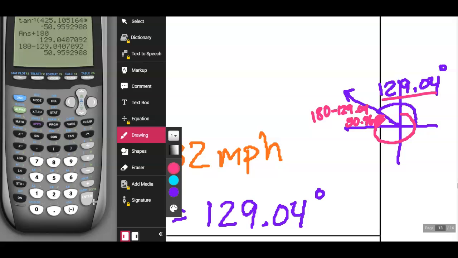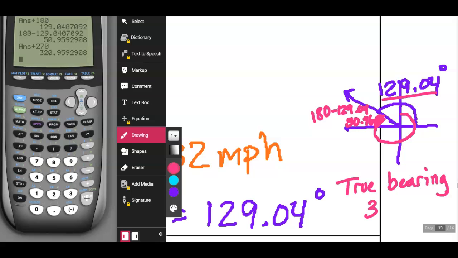And then what do I add that number to get my full bearing? 270, good, because it has 3 more quadrants. So I add another 270. So here, my true bearing is actually 320.96 degrees.